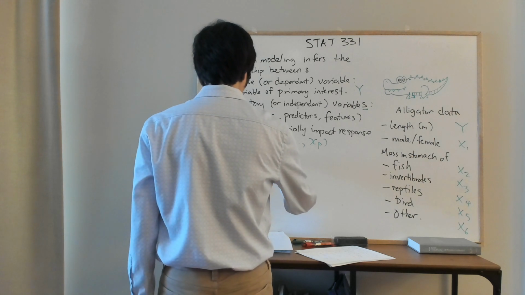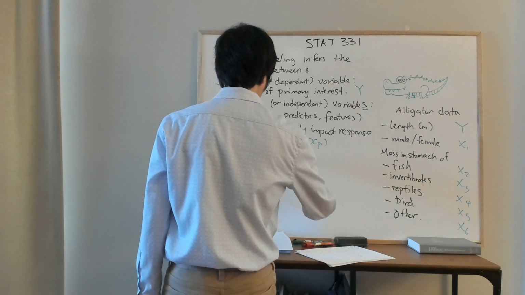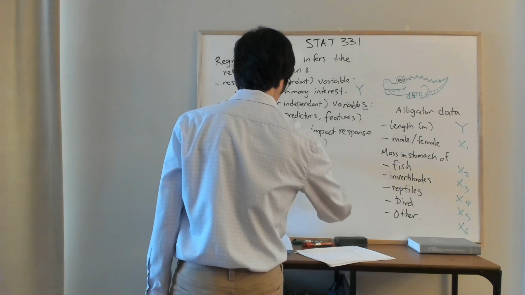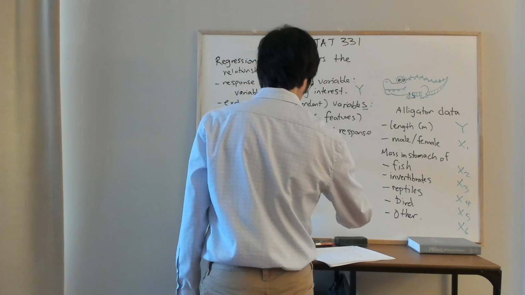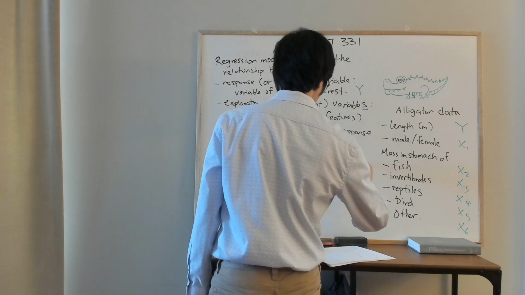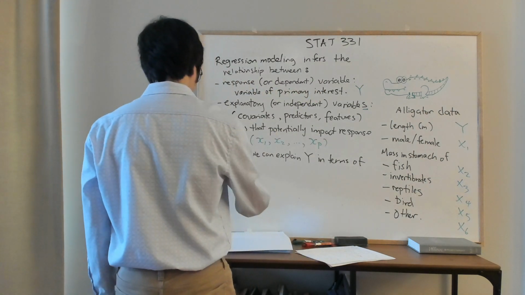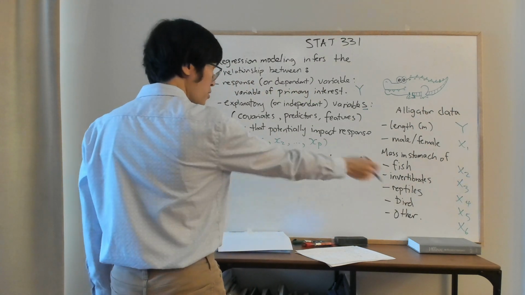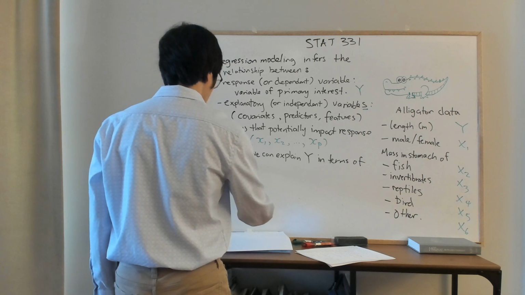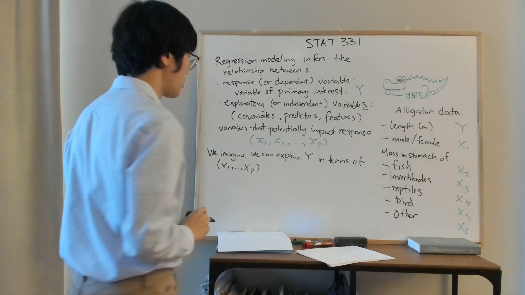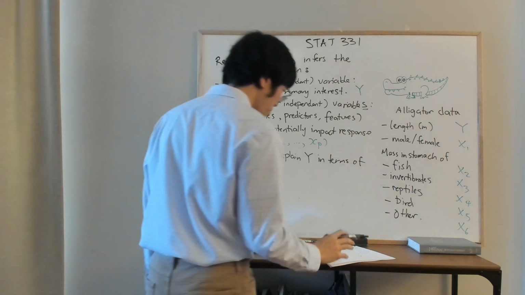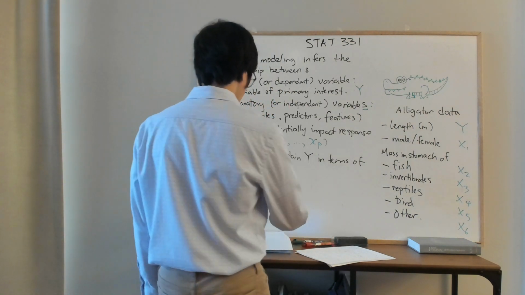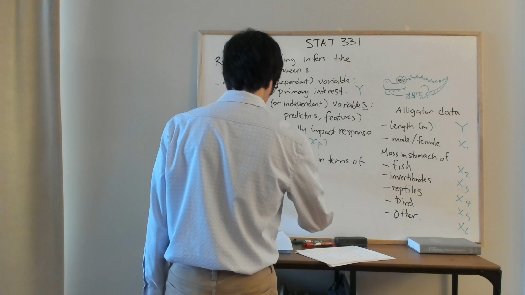We can explain y in terms of the x's via a function. I'm going to go back to general notation here. There's 6, but in general you're going to say p explanatory variables, the x's, using some function.